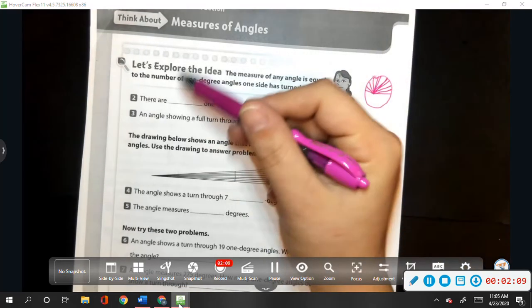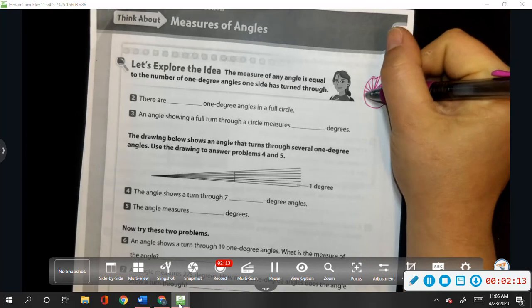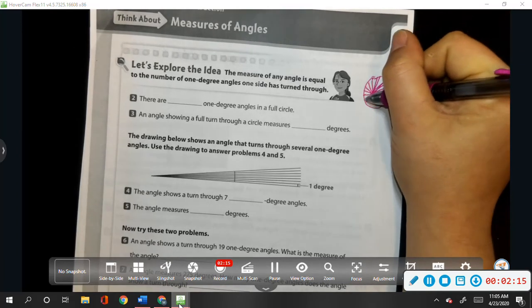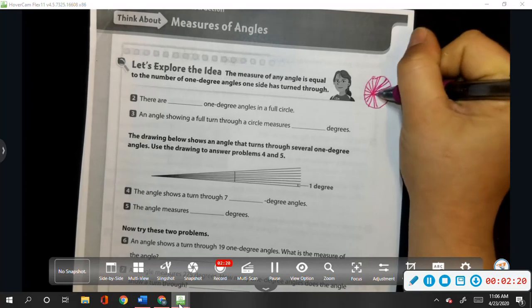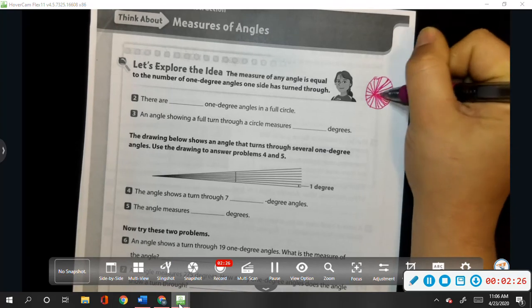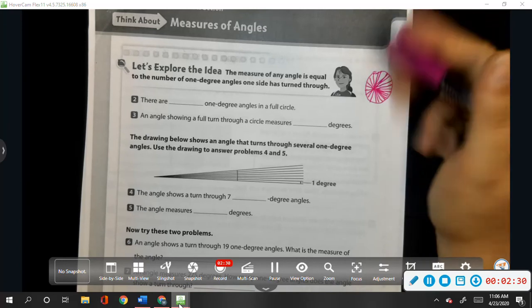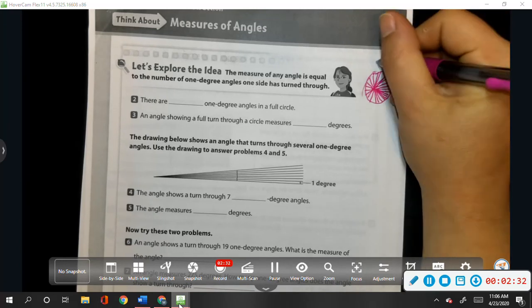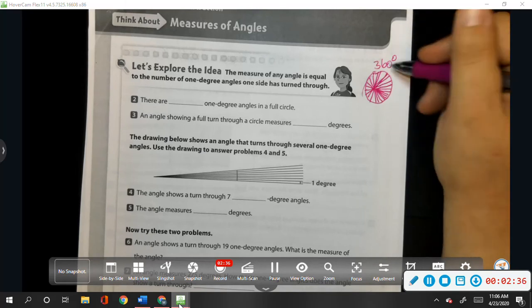Alright, so there are how many 1 degree angles in this full circle? Who remembers from the introduction video? How many of these little notches are in an actual circle? Mine's not going to be completely right because I can't draw exact angles apparently. But a circle has 360 degrees.